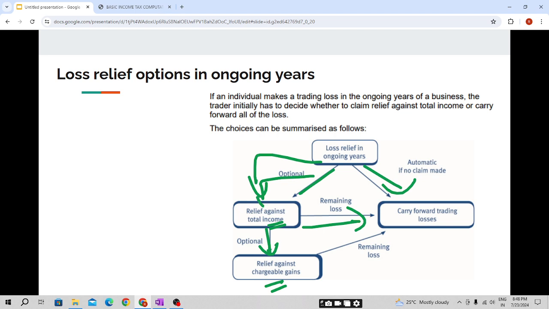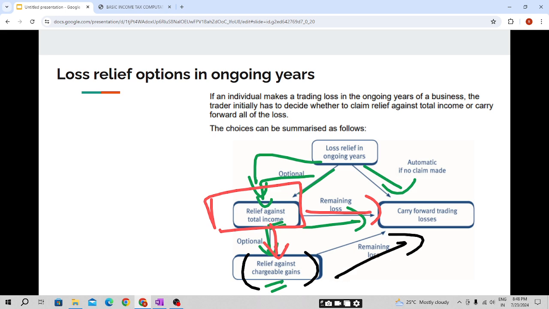After setting off against the chargeable gains, if we further have loss, we will carry forward it. So now we will be studying the rules and regulations for chargeable gains. We have covered the carry forward loss relief and relief against total income. Now the chargeable gain case.